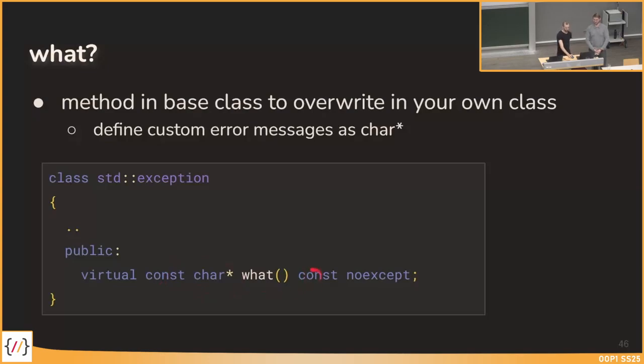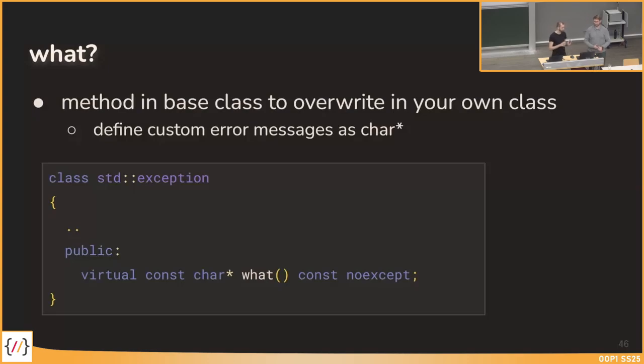It assures that this function will not modify the content, and it will not throw an exception. It's virtual because you can derive from this base class and create your own implementation. And this is what we want to do now, because when we want to create our own exceptions, we always want to derive from the base class std::exception.